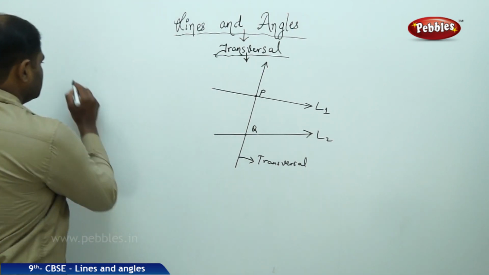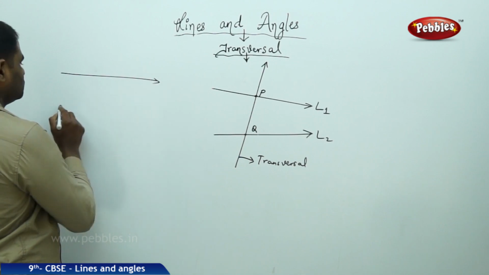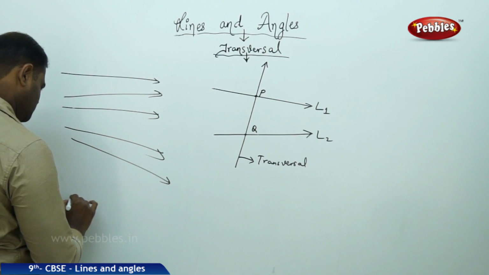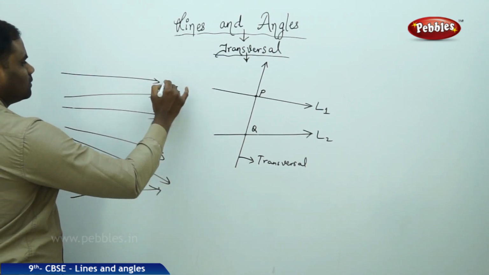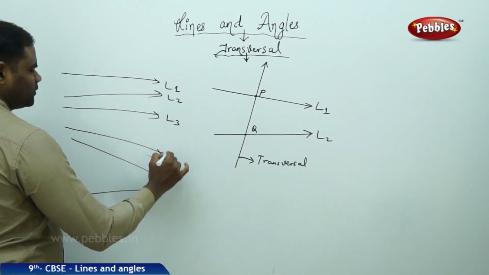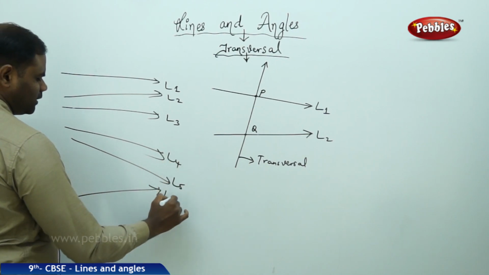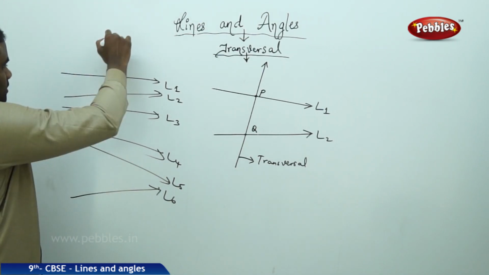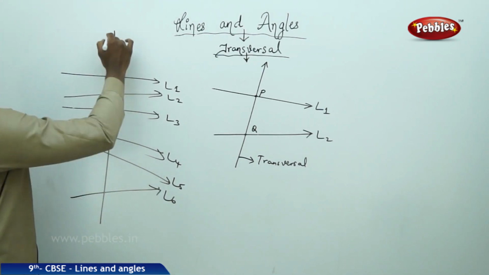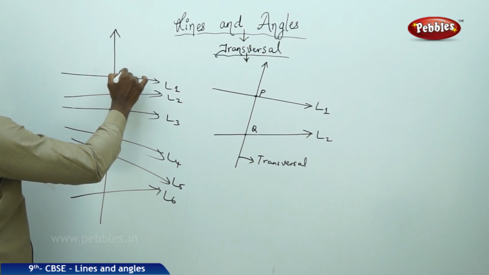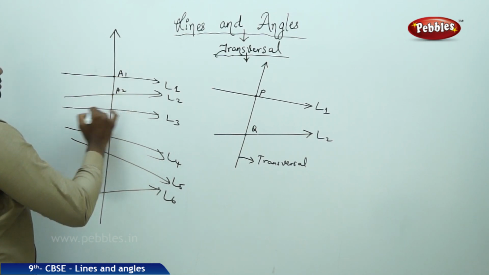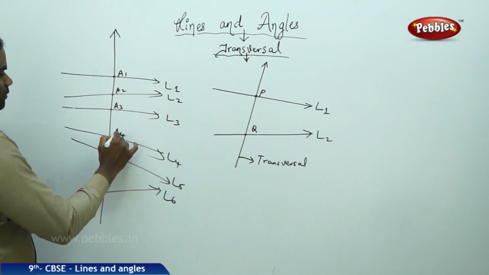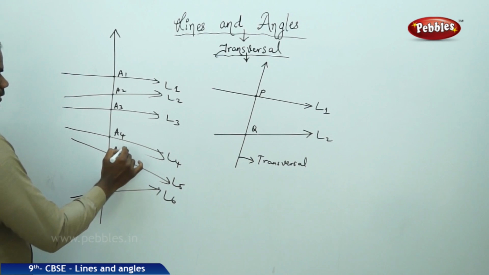Imagine I have L1, L2, L3, L4, L5 and L6. There are 6 lines out here, and then there's a line which cuts L1 at A1, L2 at A2, L3 at A3, L4 at A4, and L5 at A5.